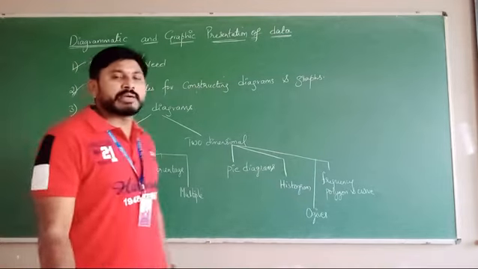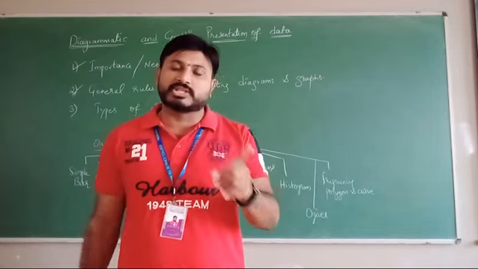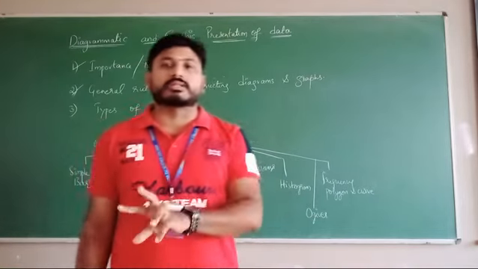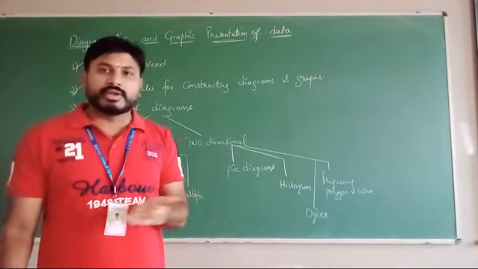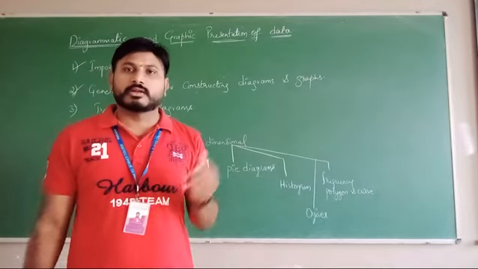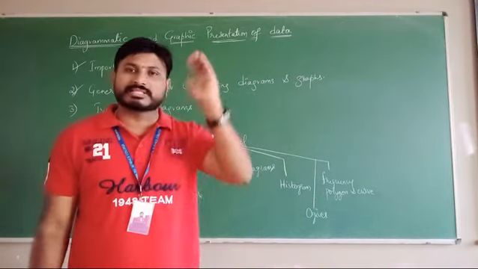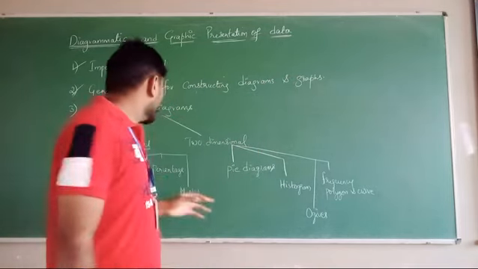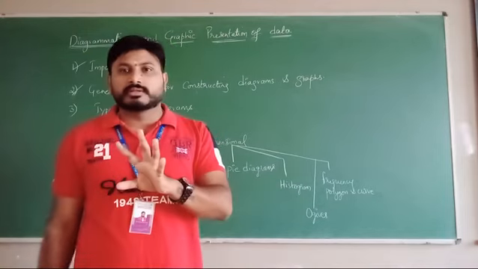What do you mean by a one-dimensional diagram? The diagram which represents only one dimension, that is either height or width. Remember, height or the width. The height should be taken proportional to the values, and it can be drawn without taking a scale, isn't it? So only one dimension it follows, either height or width, right?